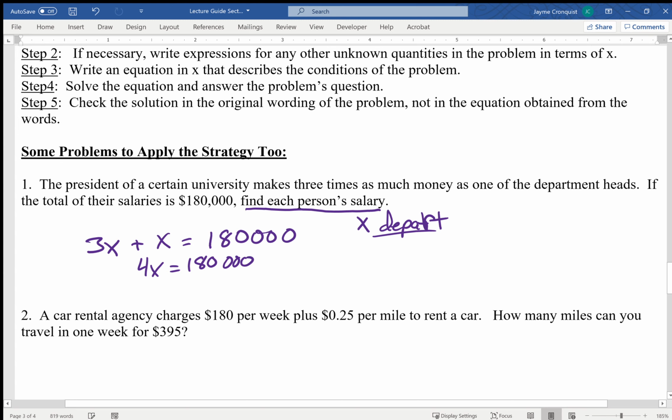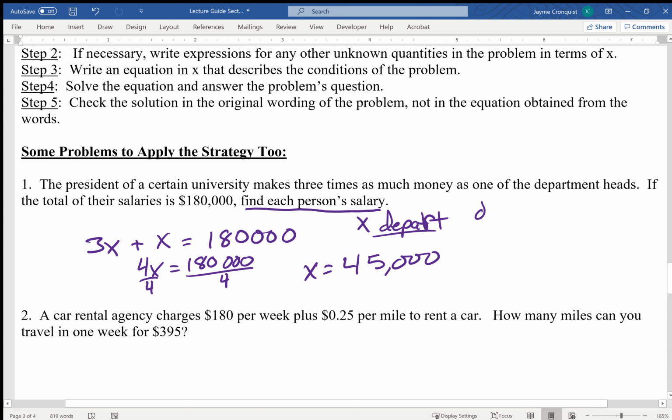180,000. Divide by 4. Let's see, half of 18 is 9. Half of that is 4.5. So that's going to be 45,000. Okay, so this is the department head. So now we have to answer it according to what the question is asking. Find both salaries.